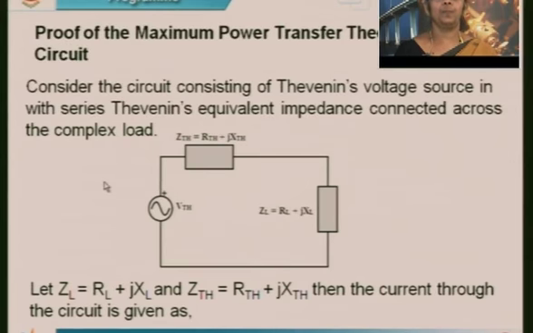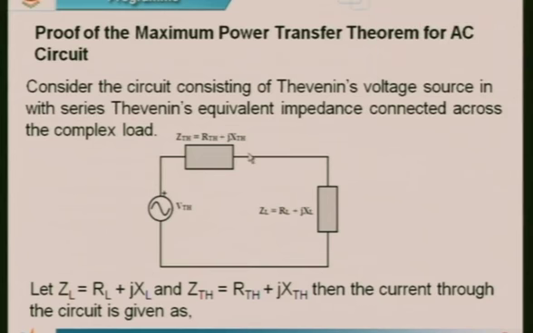Next, proof of the maximum power transfer theorem for AC circuit. As soon as we have an AC circuit, you can observe here, we have the Thevenin's equivalent voltage itself, because the complicated circuit was replaced by Thevenin's equivalent voltage, or sometimes it may be a single voltage source in series with the impedance. Both cases appear.